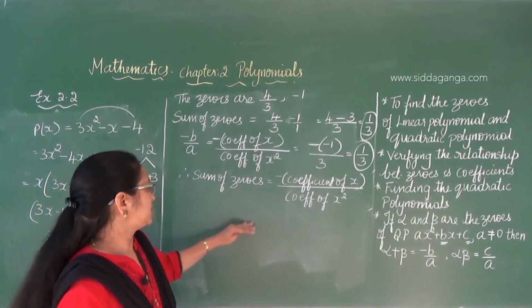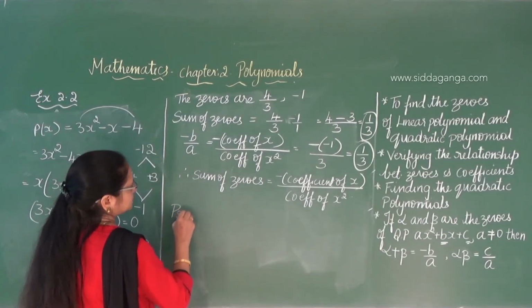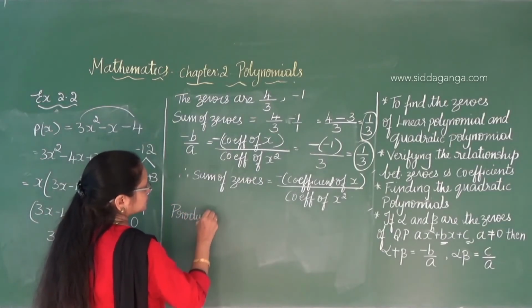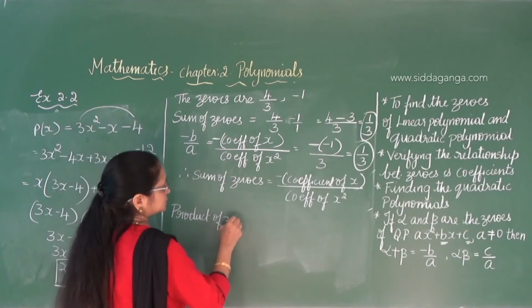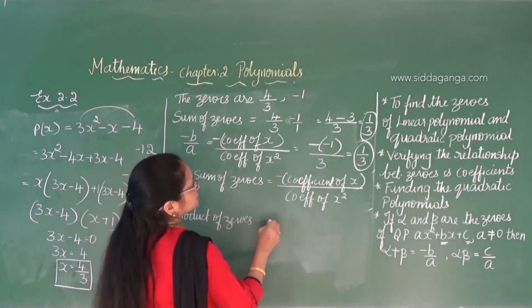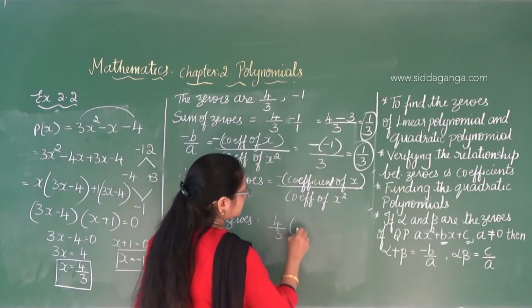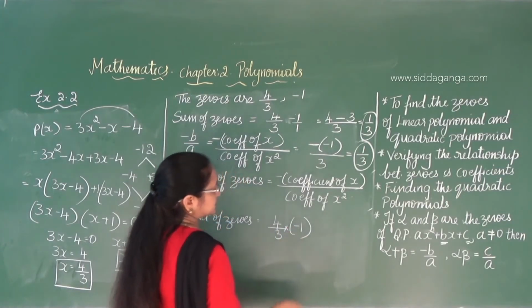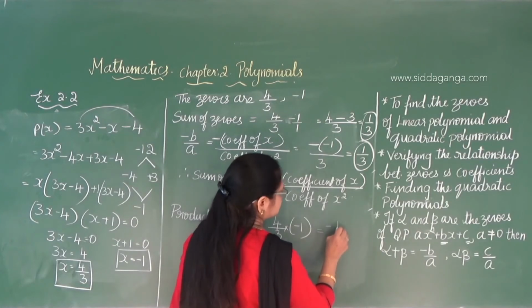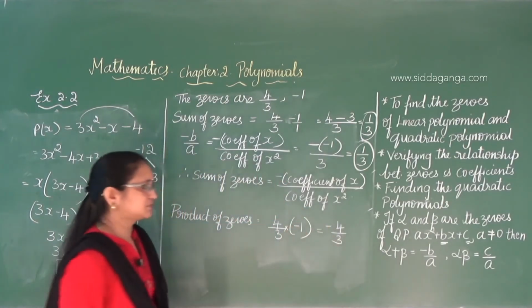Now the last part, product of zeros. 4 by 3 into minus 1 multiplication, so you will get minus 4 by 3 as the product of the zeros.